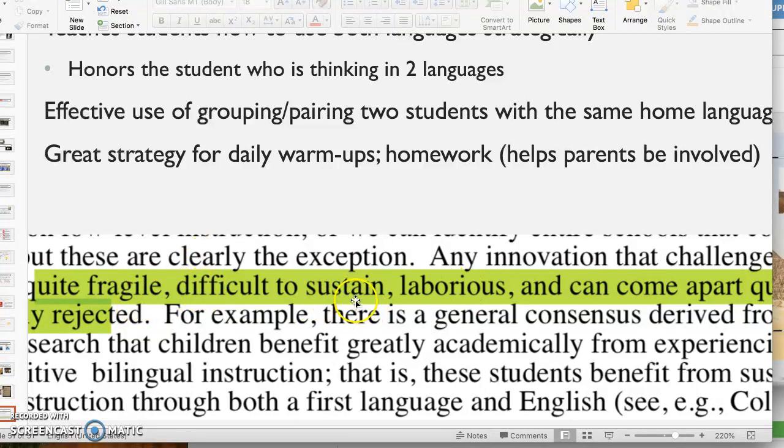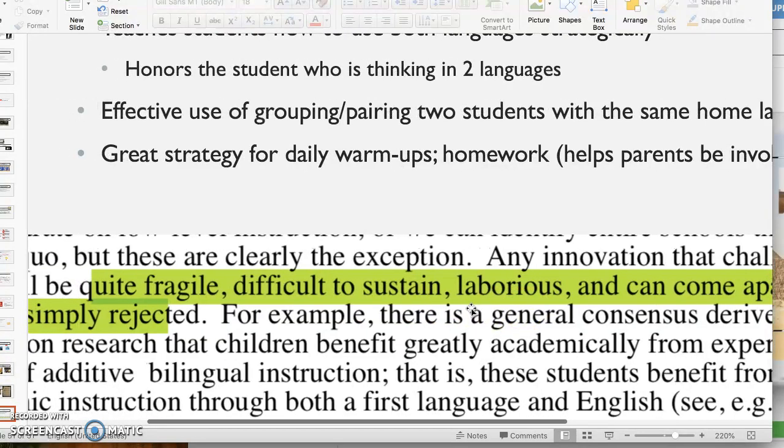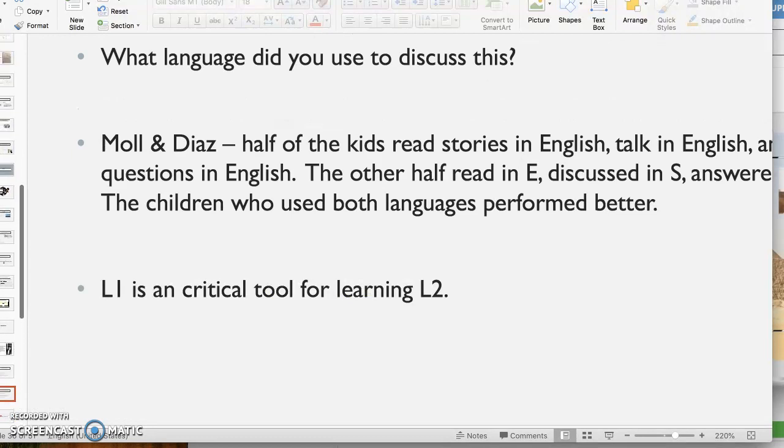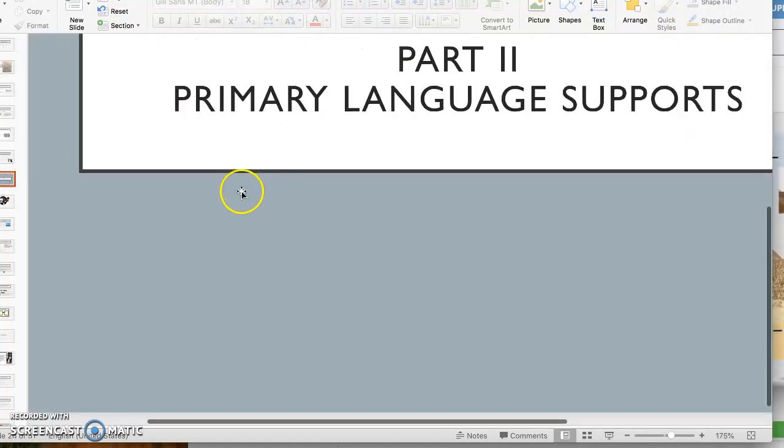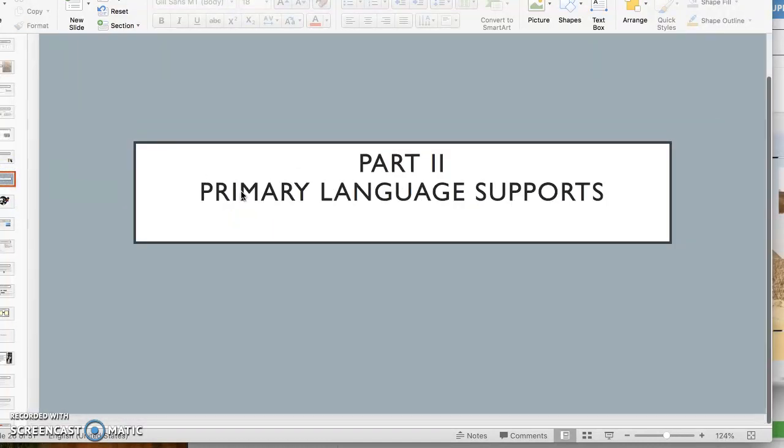The activity can be difficult to sustain, it can be laborious, it can come apart, and it can be simply rejected. So we just have to keep in mind as responsive educators that when we're asking learners to talk like this, they can feel disenfranchised and rejected, and they're going to get frustrated and shut down. So our instruction has to be responsive, and we need to look for opportunities to make students feel included.